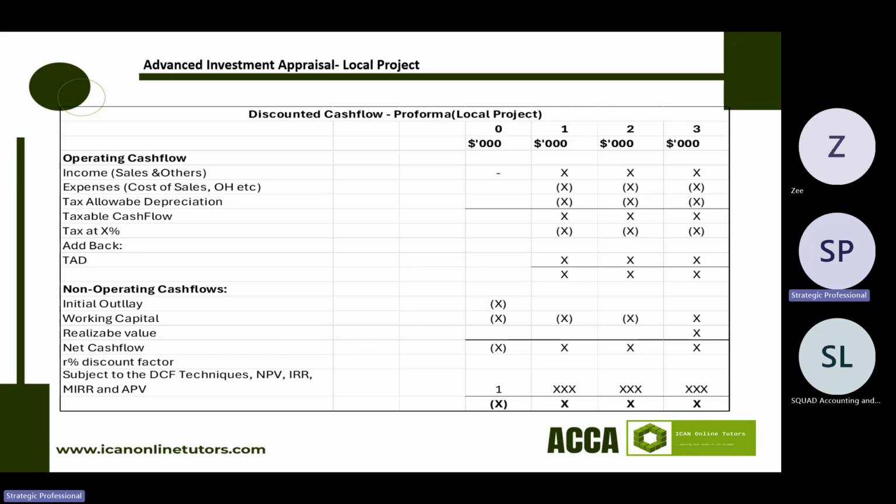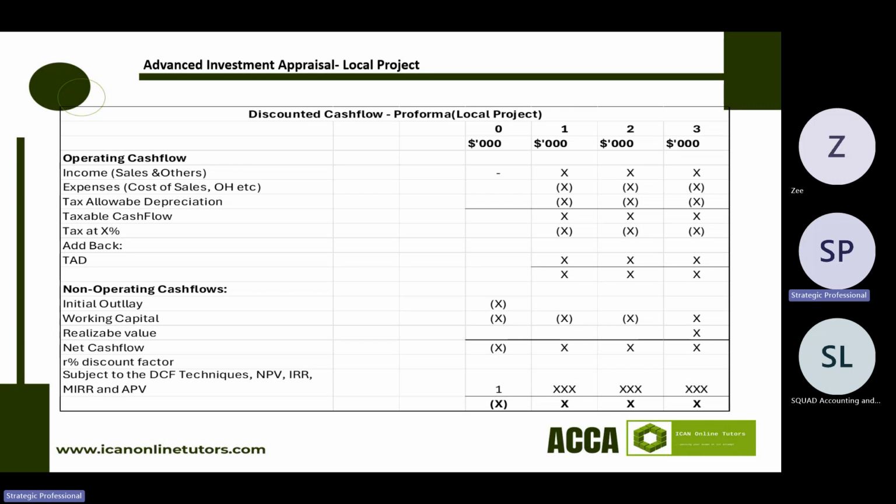Also working capital, then realizable value, if there's going to be one for the asset, which is mostly plant and machinery. Next we have net cash flow, and we subject it to our discounting factor techniques, as you can see on the screen. So this is the normal pro forma discounted cash flow approach that we know.